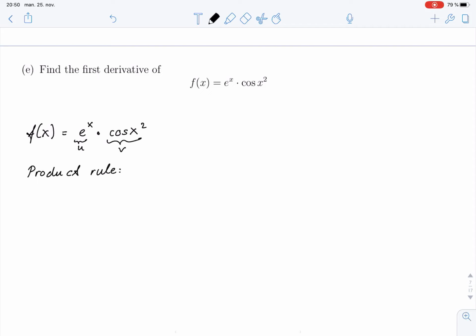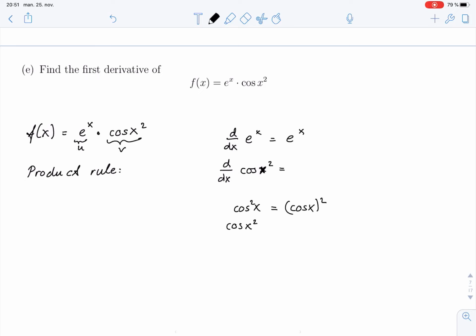So in order to do that, I need to write a little side note here. The derivative of e to the x is very easy to find. This one is worse. And here you need to be careful, because this is the x that is squared, not the whole cosine thing. Remember, this one means this.